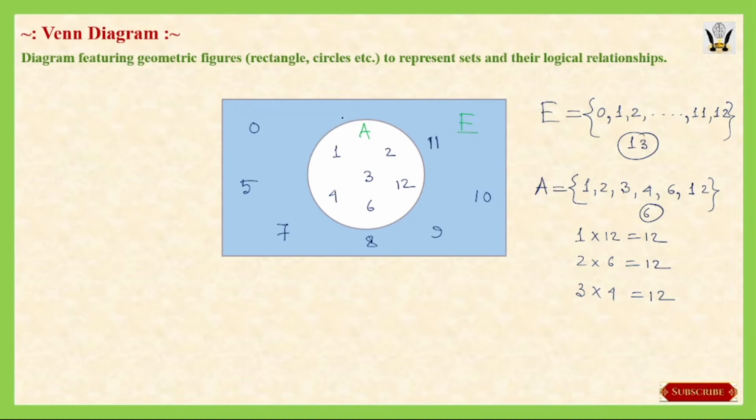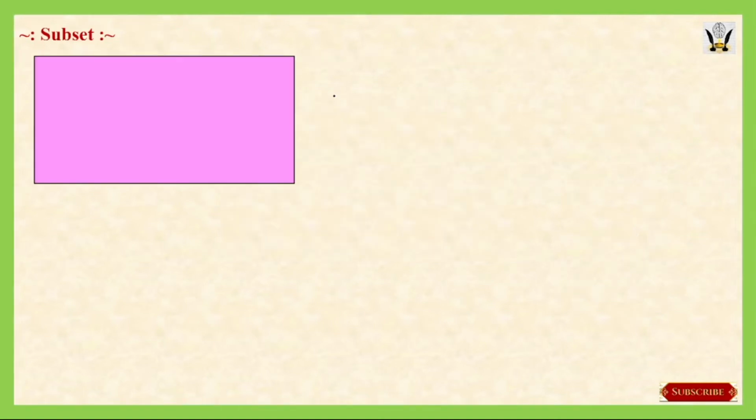Next we will see how to represent a subset or multiple subsets using Venn diagrams. So here this rectangle represents the universal set which is E, and again, if we take that this universal set has values from 0 to 12, then this universal set E is a finite set which has 13 elements.